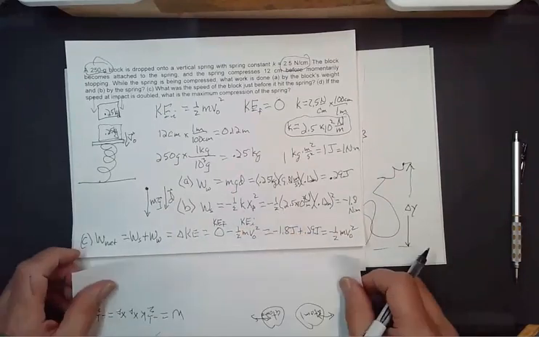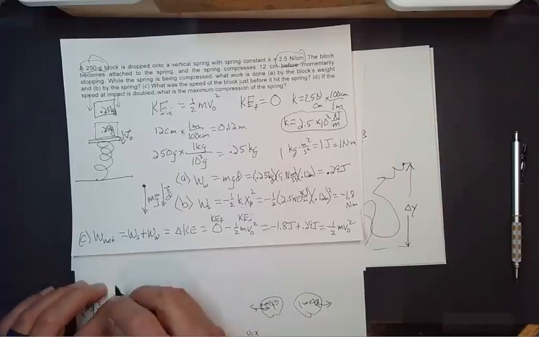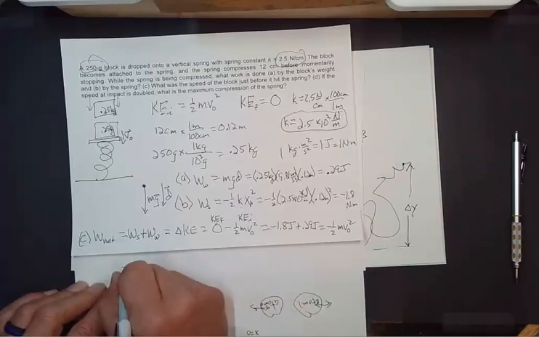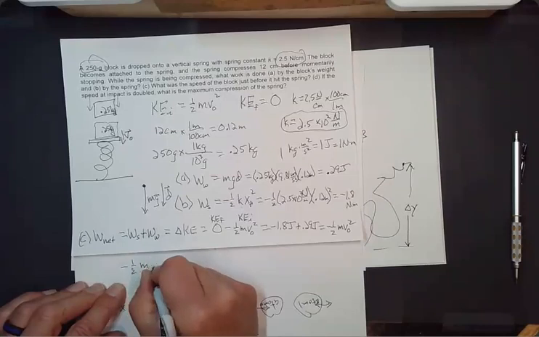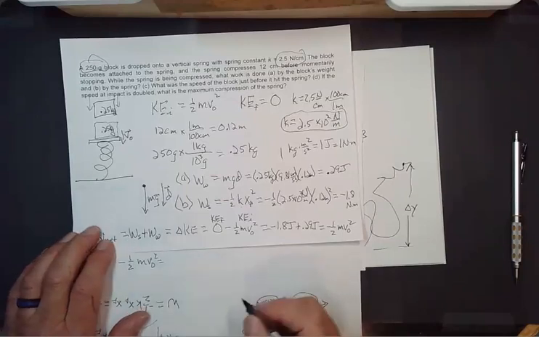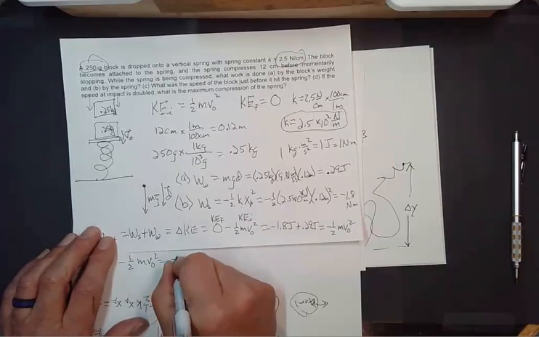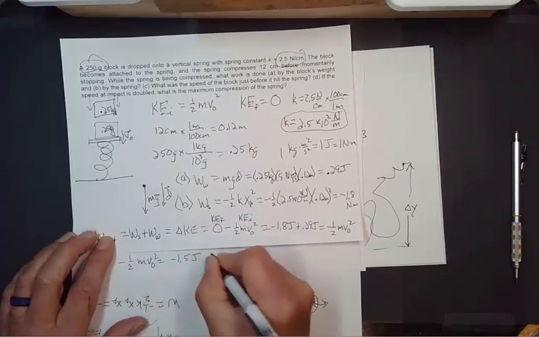I must have some blank paper here I can swipe or go into. Anyway, what I'll have is minus 1/2 m v naught squared, when I add these two together, is essentially 0.3, or I can only keep to that place. So it's minus 1.5 joules.